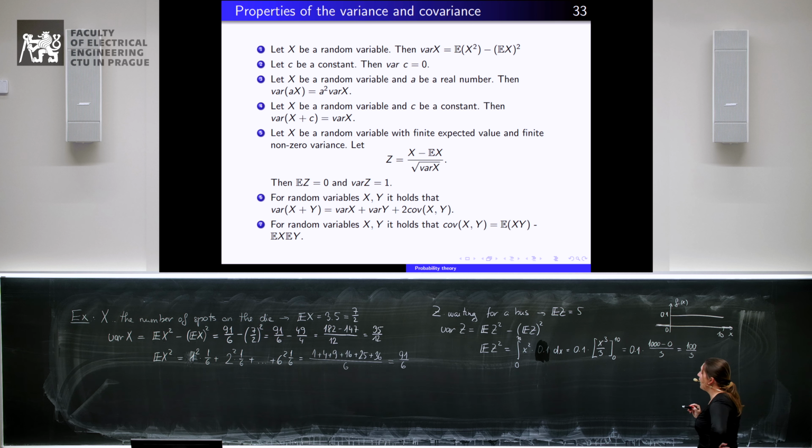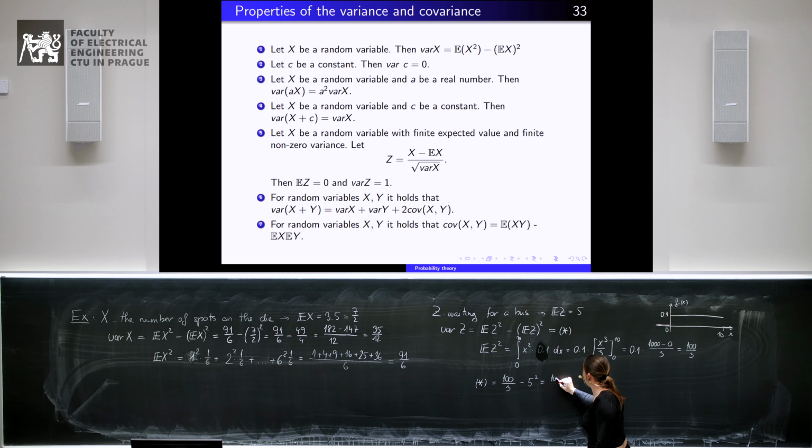Okay, and now we will put it into the relation for calculation of the variance. So it is 100 over 3 minus 5 squared.